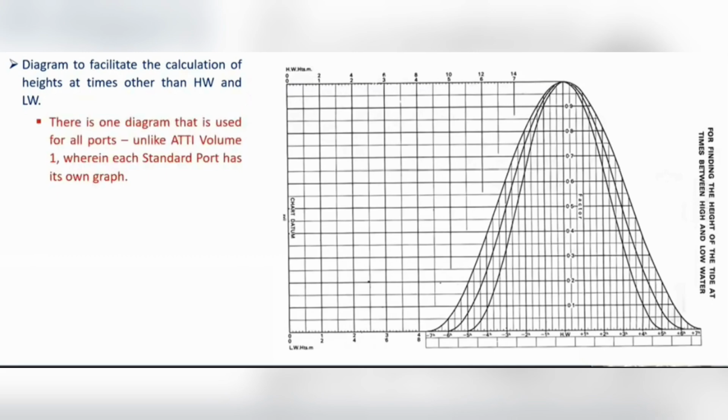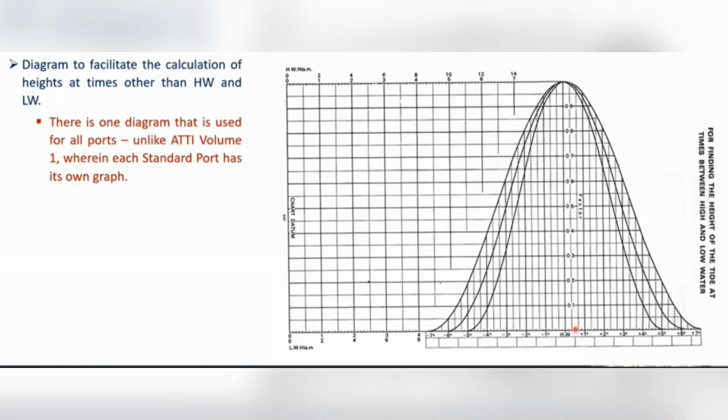There is only one diagram that is used for all ports, in contrast to what we did in ATT Volume 1. If you remember, in ATT Volume 1, every standard port had its own diagram. So in ATT Volume 1, that is European waters, these diagrams are port specific, and other than that, we have the single diagram which shall be used in every case.